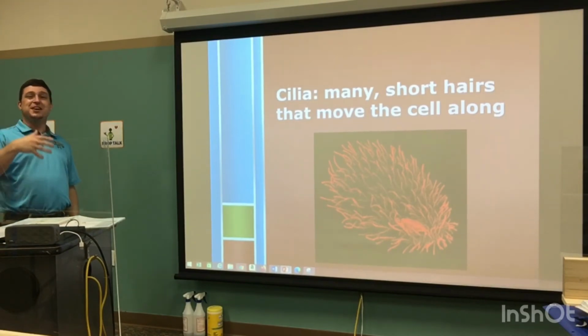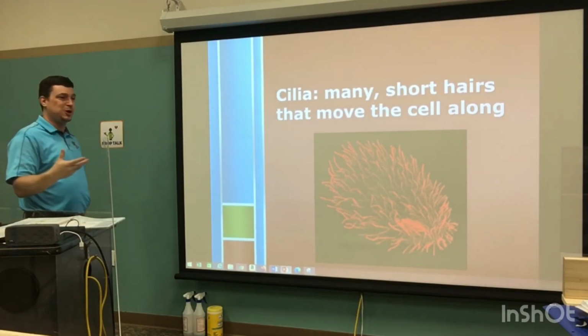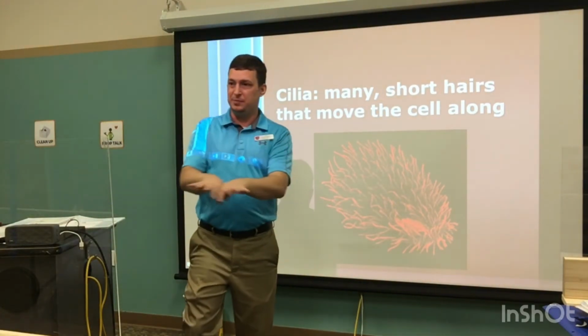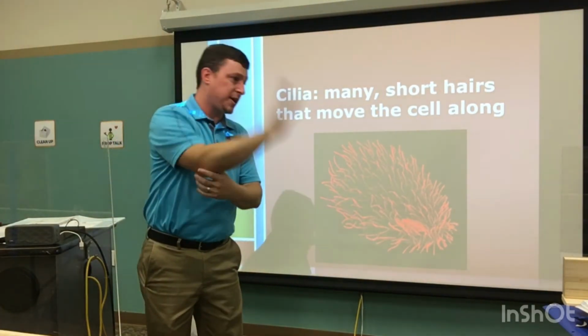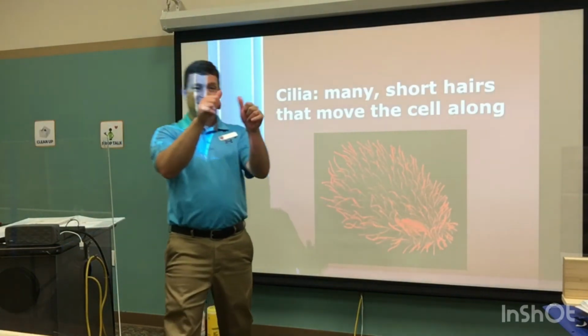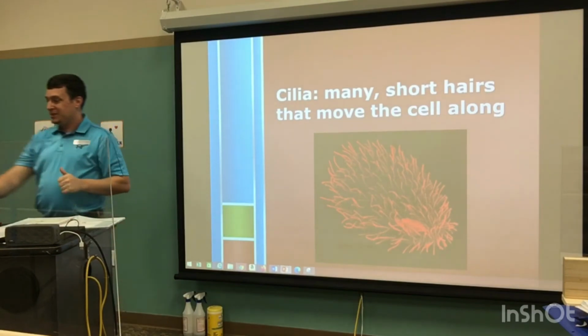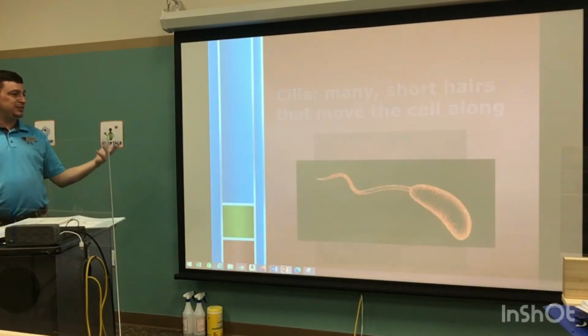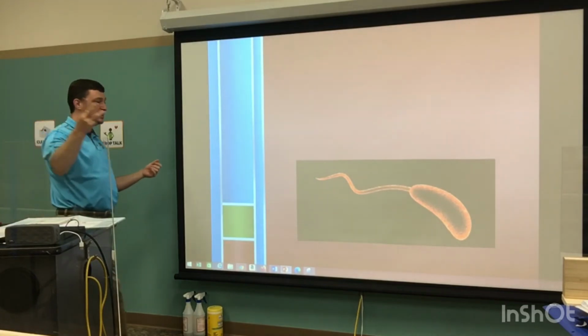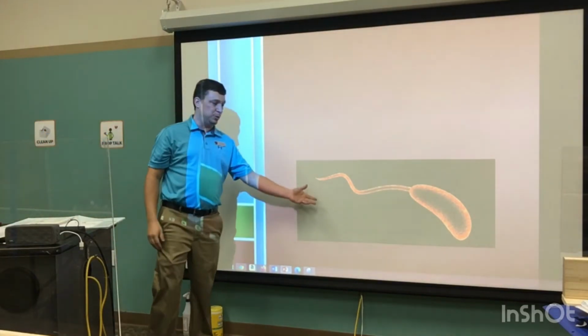Alright, there's another way that cells can move along. Now, some of them have little tiny hairs that move around. Others have these giant tails that they can whip around. Do you know what they're called? Flagella. Yes, flagella. So this cell here has one big flagella, but some cells have two, some cells have three, so some cells have multiple, okay?